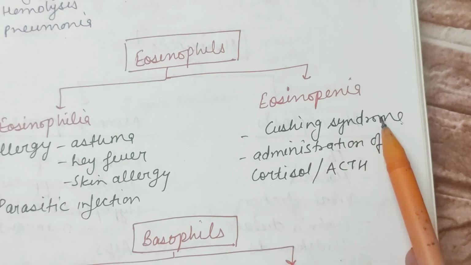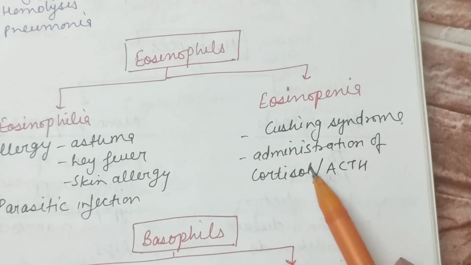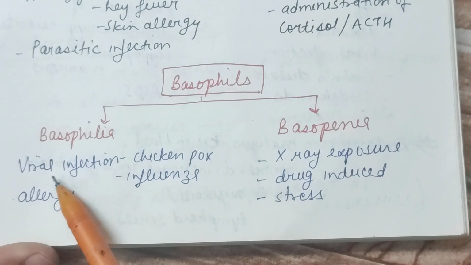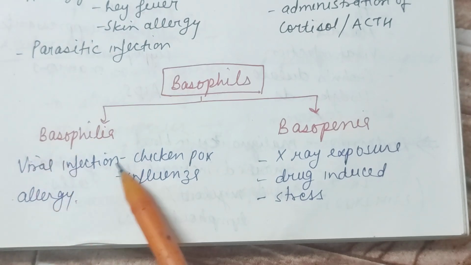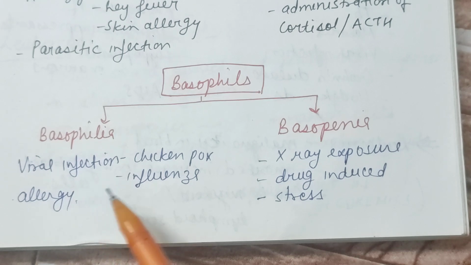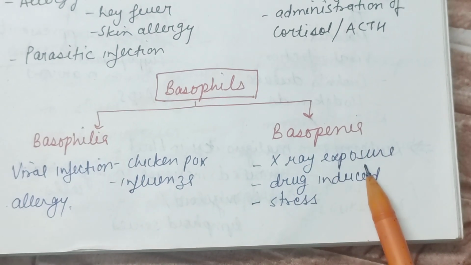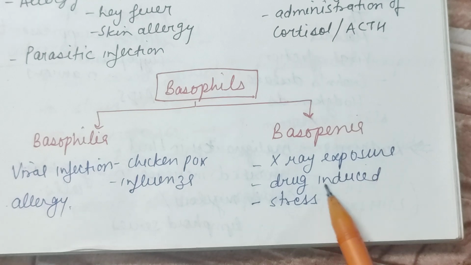Eosinopenia can occur in Cushing syndrome or administration of some steroids. Basophilia occurs in viral infections, chicken pox or influenza, and during allergic conditions to release histamine. Basopenia, a decrease in basophil count, occurs on X-ray exposure, drug induced or stress.